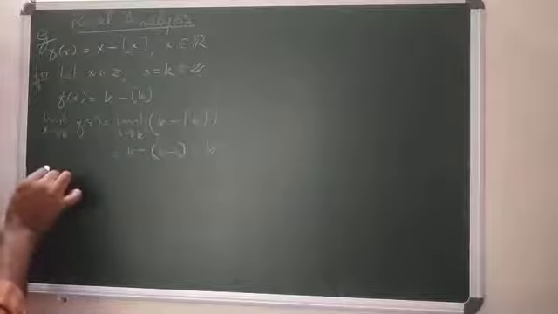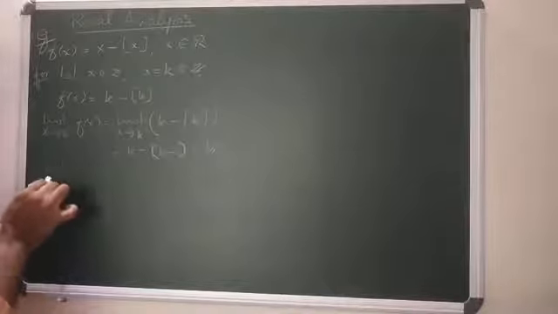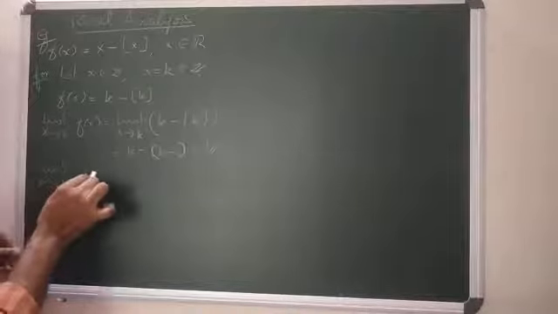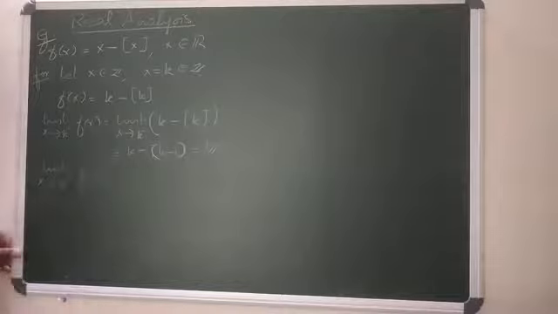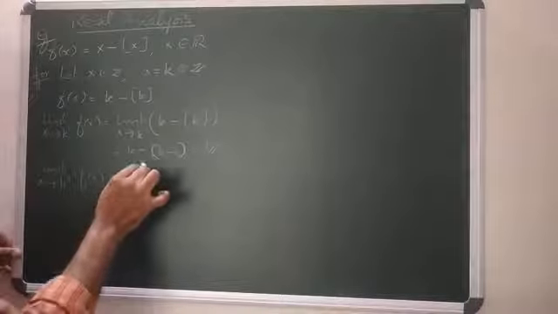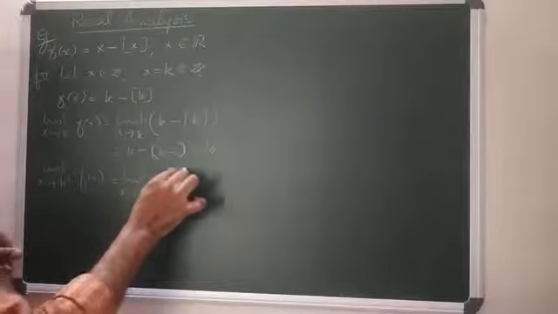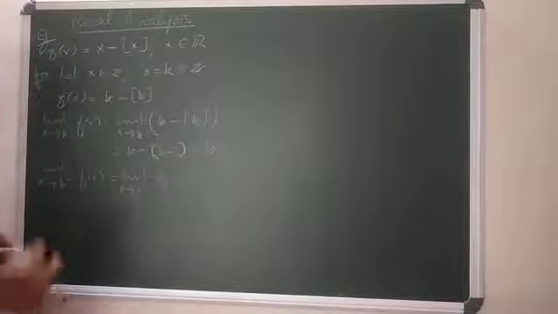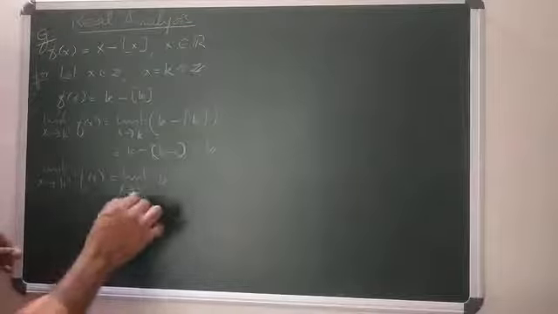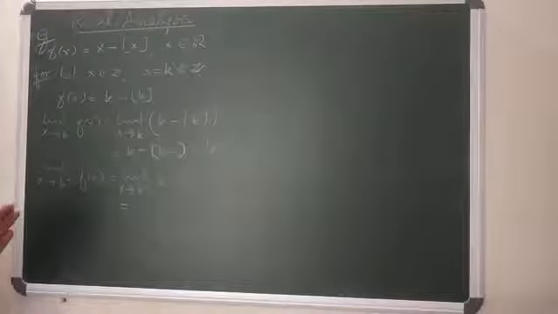Agreed. Now again, what is the limit as x tends to k plus of f of x? It is the limit as x tends to k plus of k minus the greatest integer k. k plus means it has a tendency to reach k but is slightly greater than k.